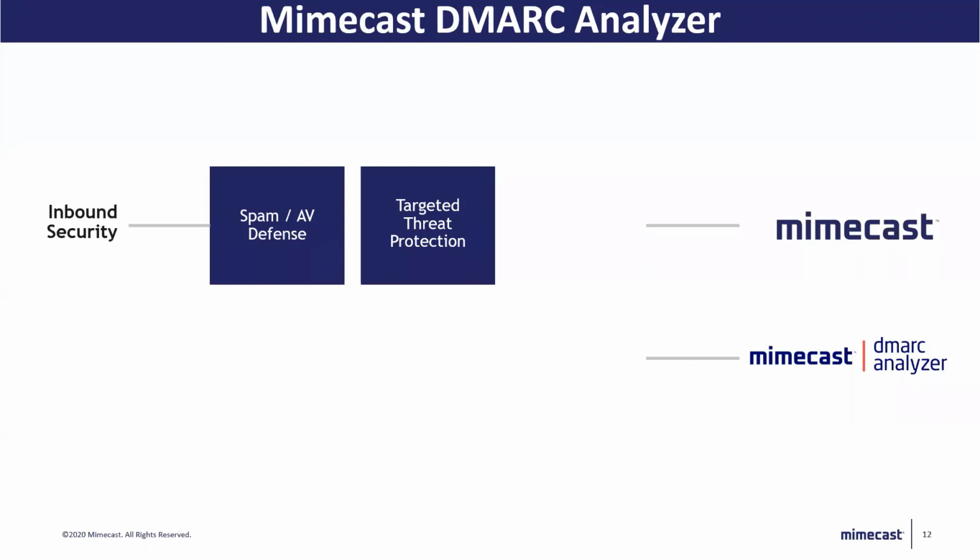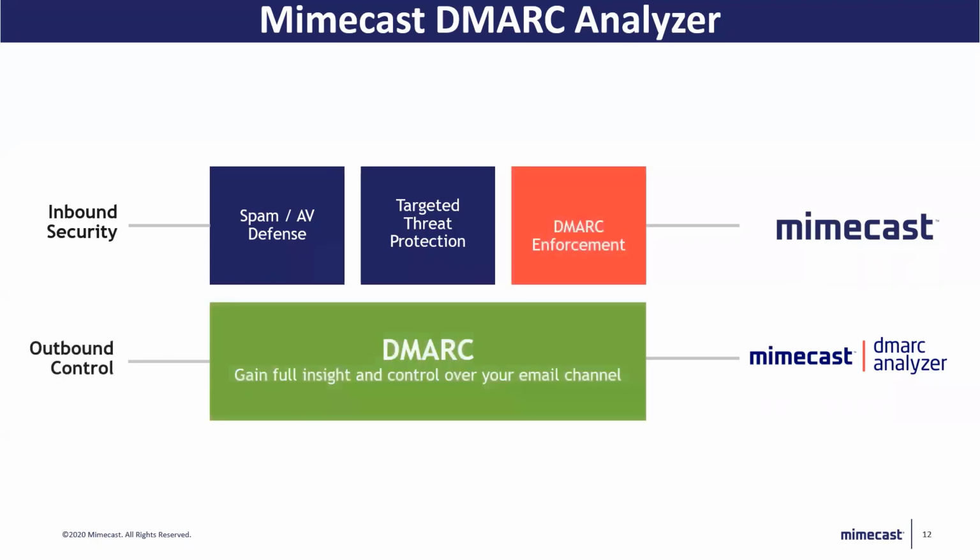So Mimecast has helped organizations tackle domain spoofing as an email sender and receiver. On the inbound route, Mimecast's email gateway with targeted threat protection detects imposter emails, while DMARC enforcement ensures you can distinguish between legitimate and fraudulent senders, and quarantine or reject mail from all unauthenticated sources.